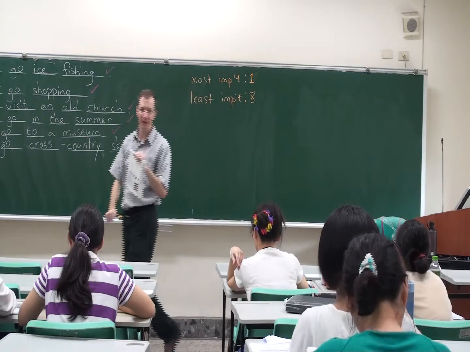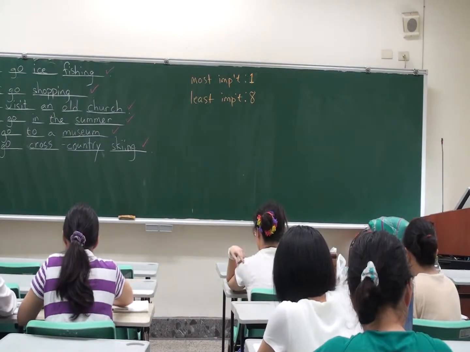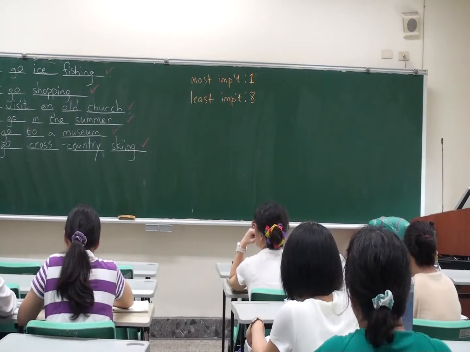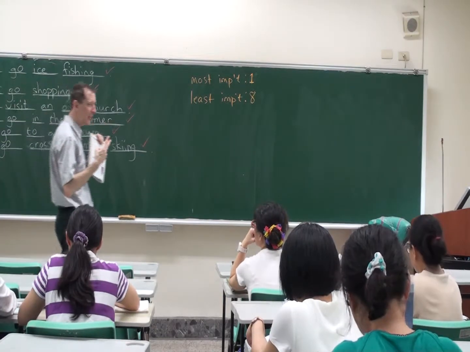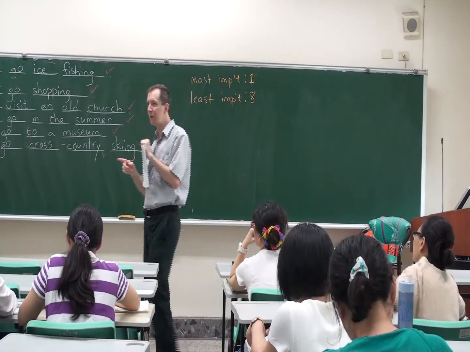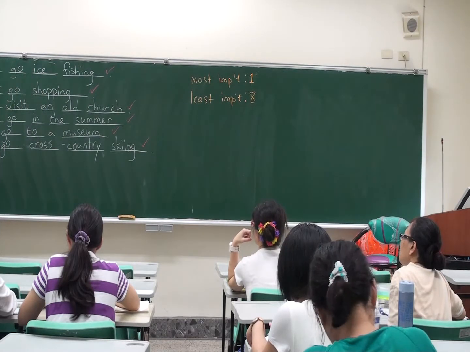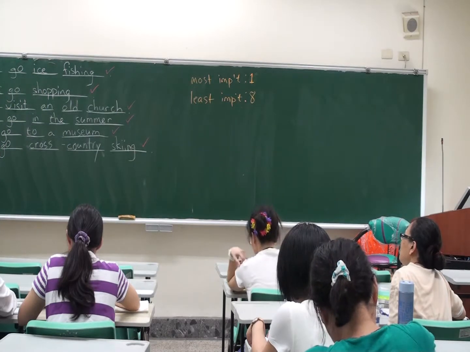So you have to put them on a list. Also, write down some ideas. I'm going to give you 2 minutes to get ready. After 2 minutes, you're going to get into groups, and everybody will have 1 minute to talk about their ideas.